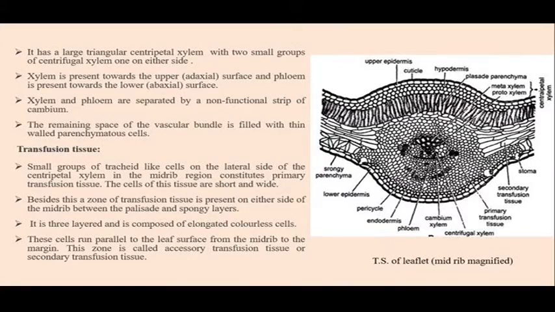Xylem is present towards the upper side, called the adaxial surface, and phloem is present towards the lower, that is the abaxial surface. Xylem and phloem are separated by a non-functional strip of cambium. The remaining space of the vascular bundle is filled with thin-walled parenchymatous cells.